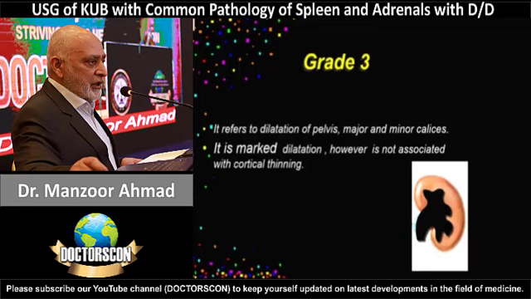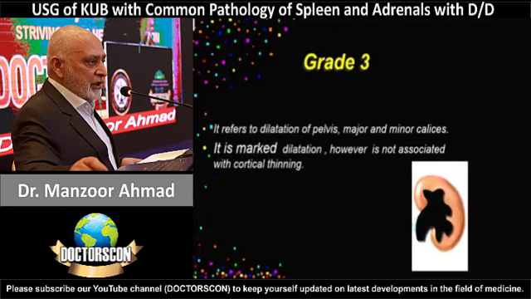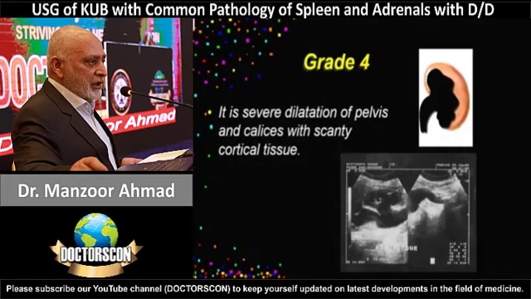Grade 3 is the dilatation of the pelvis, major and minor calyces, and this is marked, but there is no cortical thinning. When there is cortical thinning associated, this is grade 4. There is dilatation of the ureter, pelvis, major and minor calyces, and the cortex has thinned out. So there are 4 grades of hydronephrosis.